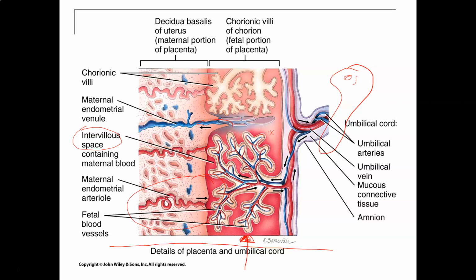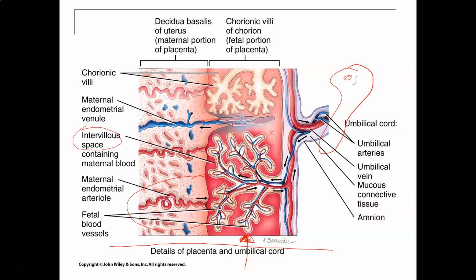Now, because things can cross the barrier, that does lead to some problems if the mother, for example, drinks too much alcohol, because some things that you wouldn't want to cross the placental barrier can.